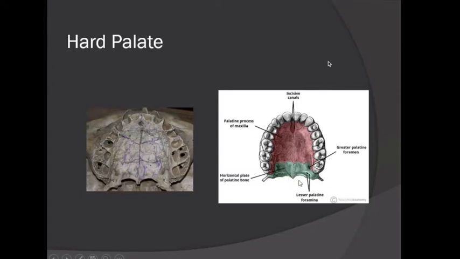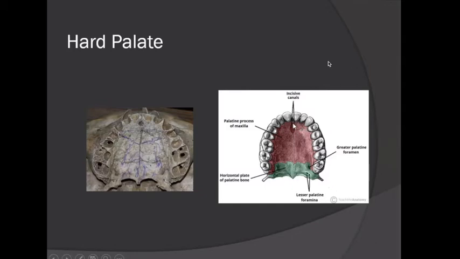Now here you can see a major foramen, the greater palatine foramen, from where the greater palatine nerves and vessels come and move forward, and that nerve innervates the area from this point right up to this point. Ahead of that is the area of the nasopalatine nerve.